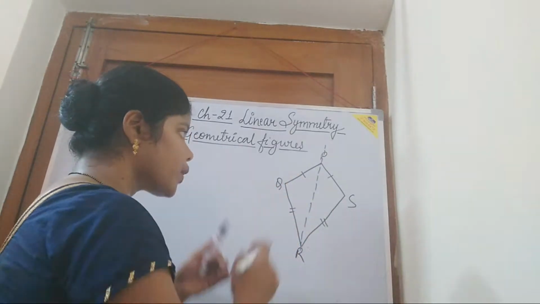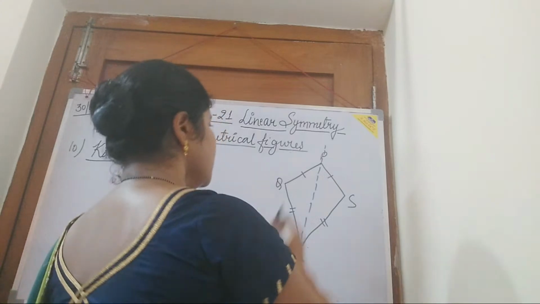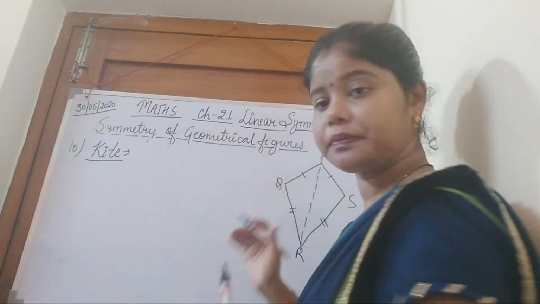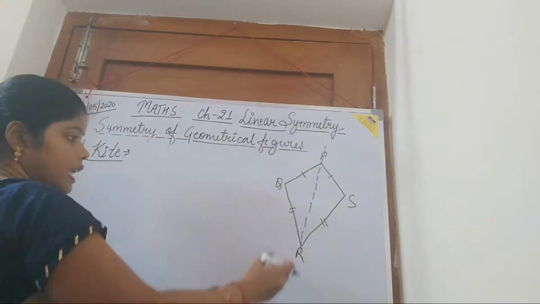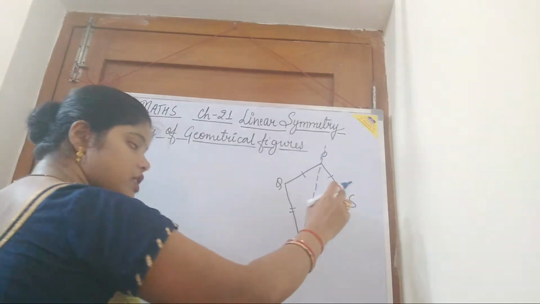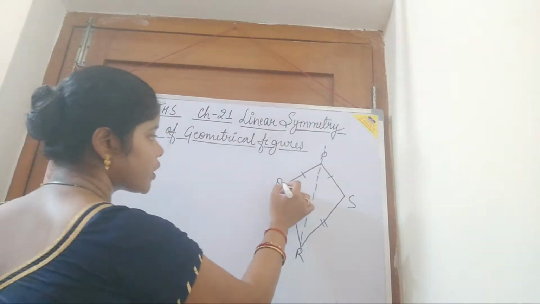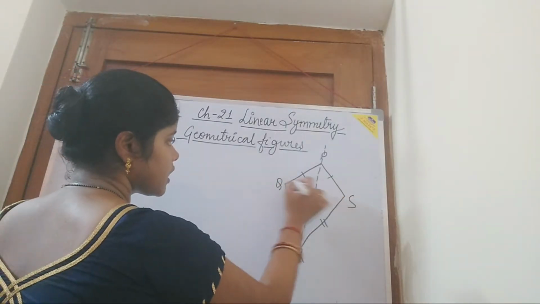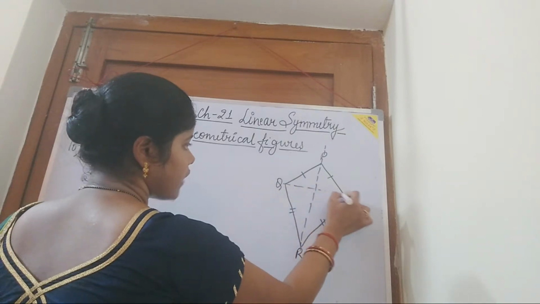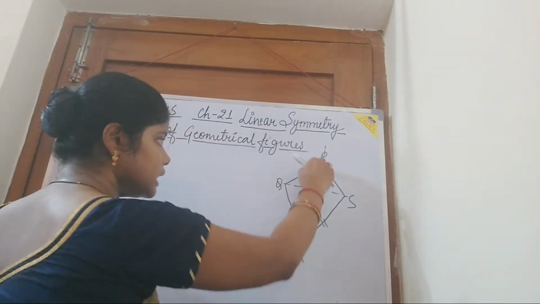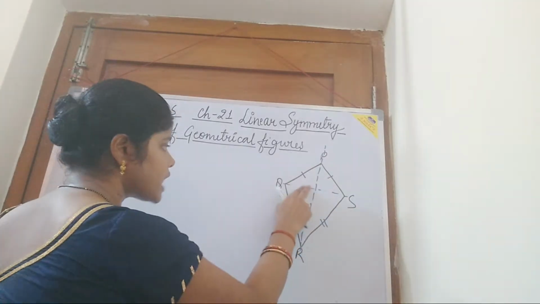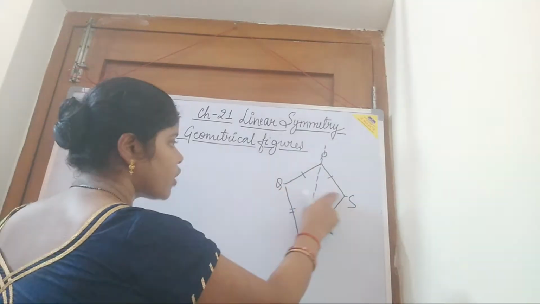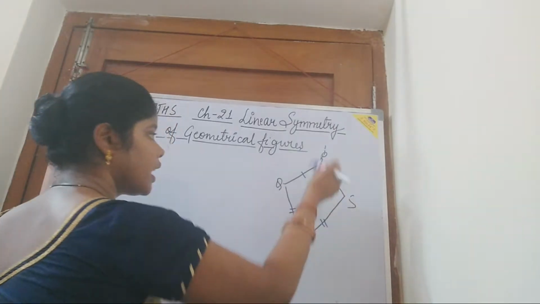So a horizontal line of symmetry is not possible here, because when we fold along it, this part is not identical to the other. So that's why we have only one line of symmetry in a kite.